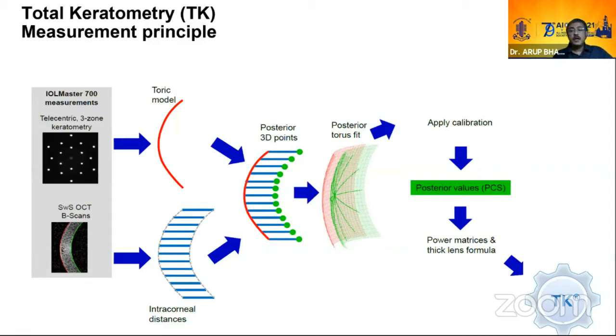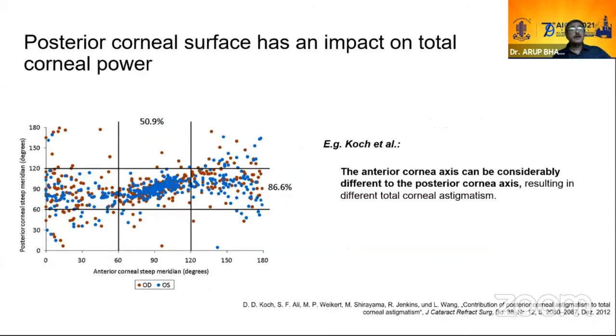This is a wonderful thing, and it is only available in the IOLMaster 700. Douglas Koch already presented his study in 2012. After that, we have learned how important posterior corneal astigmatism protection is in case of toric IOL implantation.